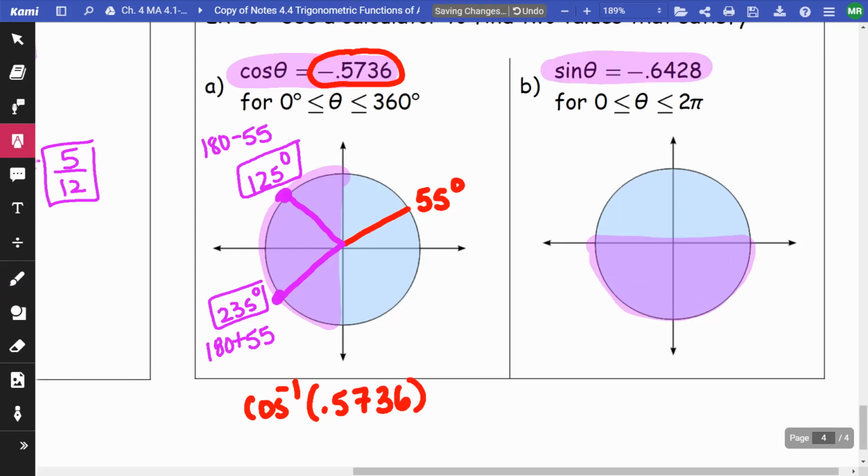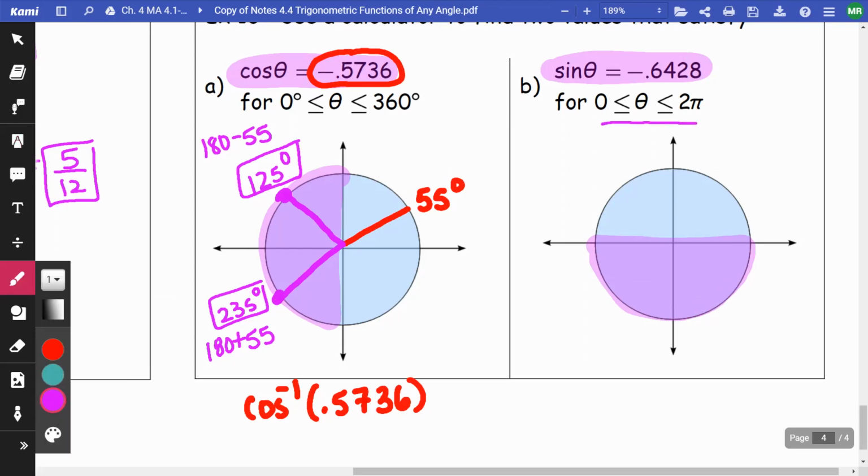I'm going to again find it as the positive, which is going to be in quadrant 1, and then use that to help me. We also want this to be in radians, not in degrees. So I am going to do sine inverse of, and again, I'm going to think of it as the positive y instead of the negative, so that's going to be in quadrant 1.